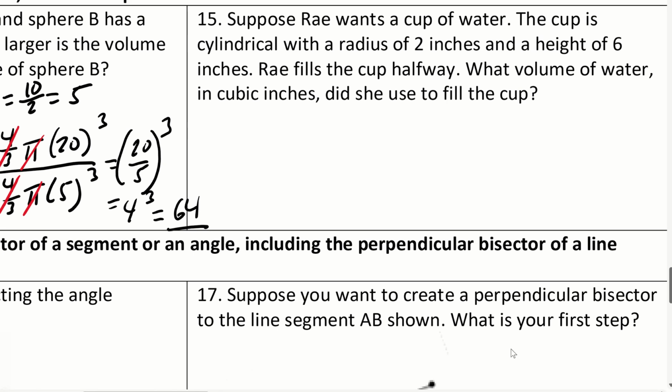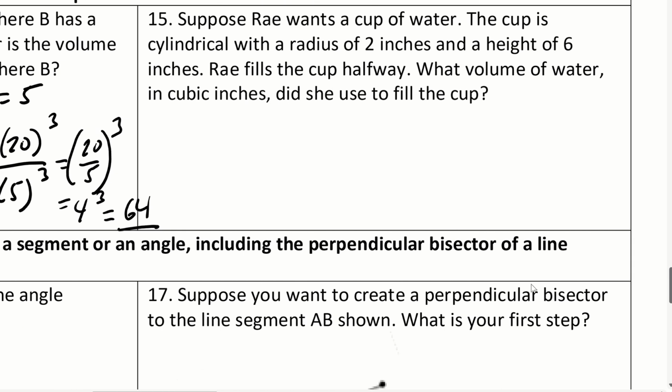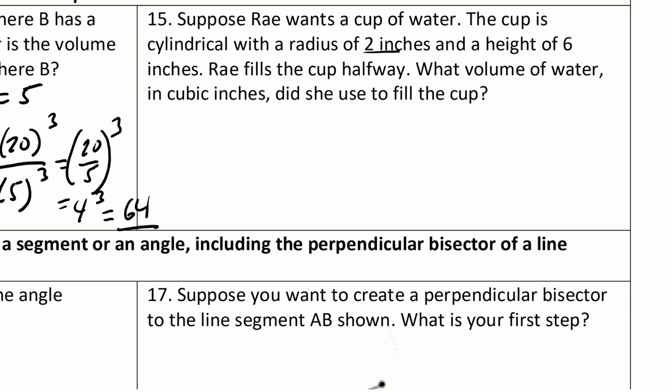All right, so we got a cylindrical cup with a radius of 2. So we got a cylinder with a radius of 2, r equals 2, and then a height of 6 inches. She fills the cup halfway, so that means she doesn't fill it up all the way, just half. And so we want volume of water.